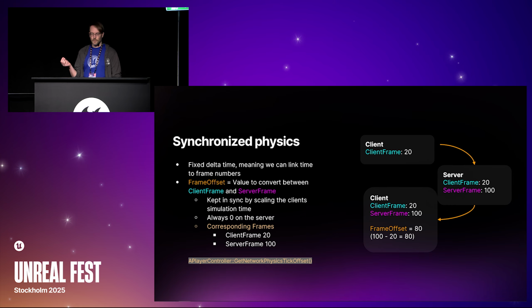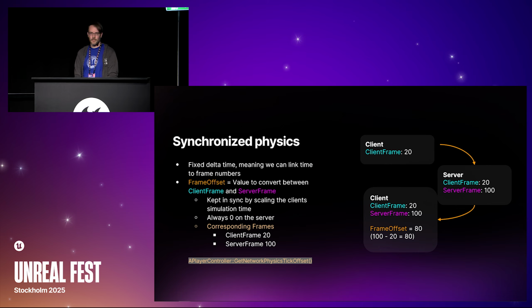The frame offset is always 0 on the server, which is useful. We'll get into that a little bit later. And we try to keep this frame offset static after we first calculate it. But if the network conditions start to differ, it takes longer for your messages to arrive to the server or shorter, then the server might tell the client, hey, you need to get in sync again.